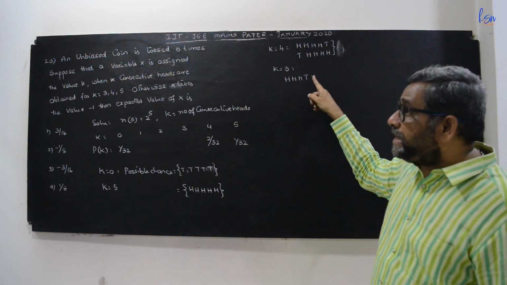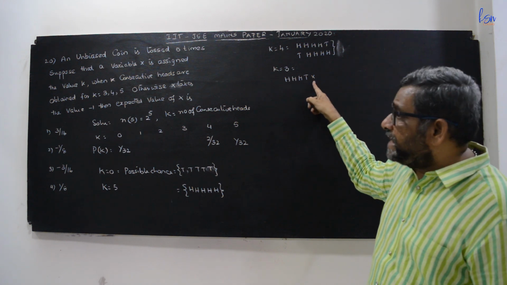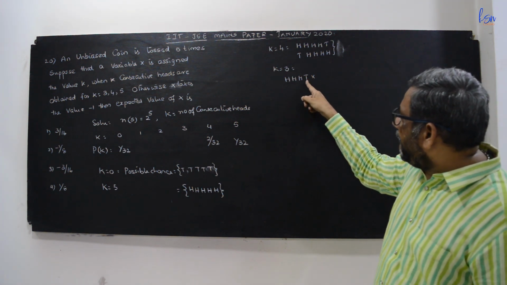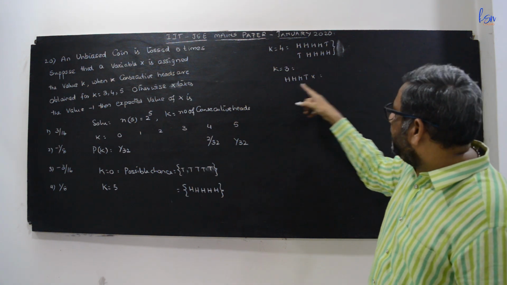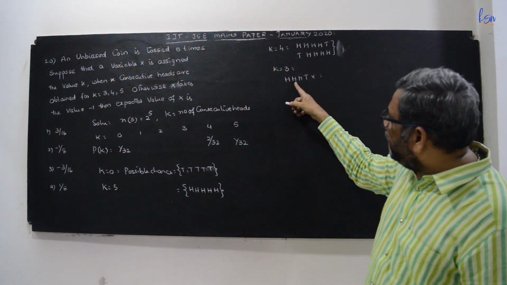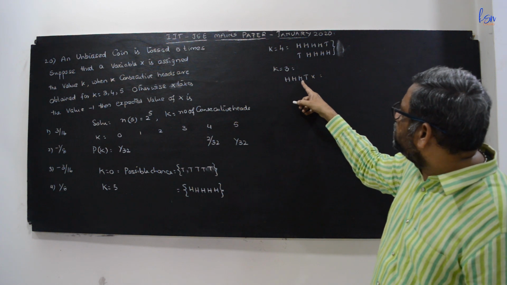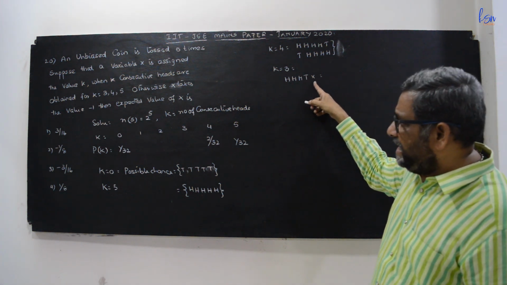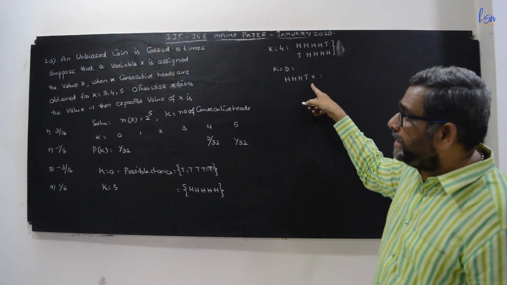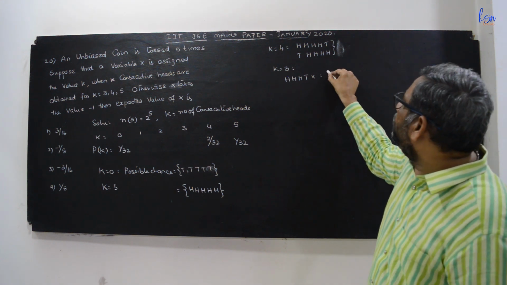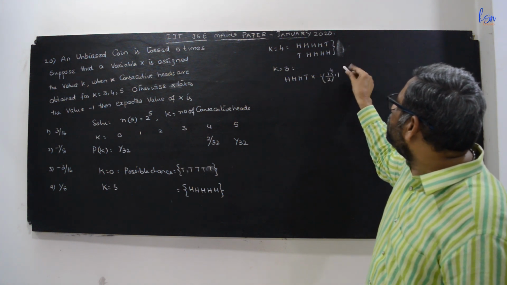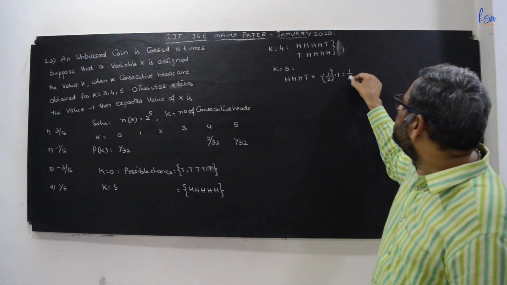Even if you get head here, there are 4 heads but not consecutively. So 3 heads are consecutive, then tail, then head or tail. This can be taken as 1 by 2 for each head, 1 by 2 for the tail, and for head or tail, anything can happen, so the probability is 1. So this is 1 by 2 whole to the power of 4 into 1, which is 1 by 16.